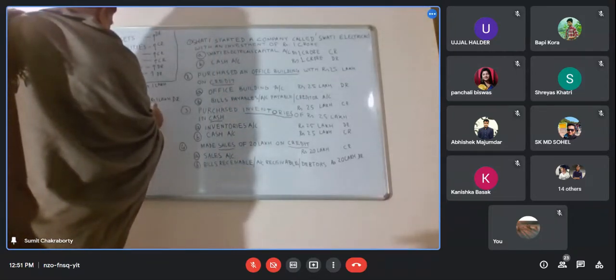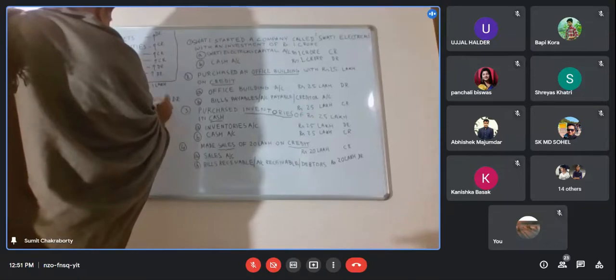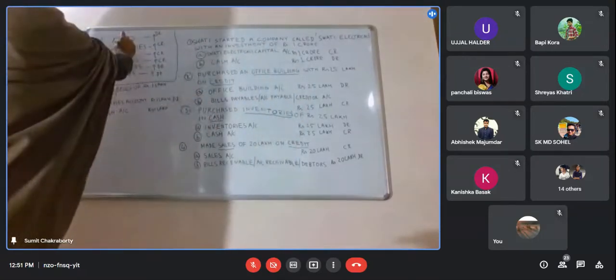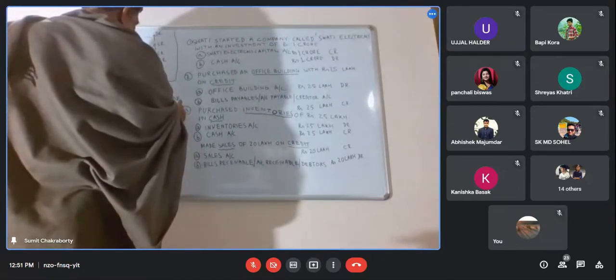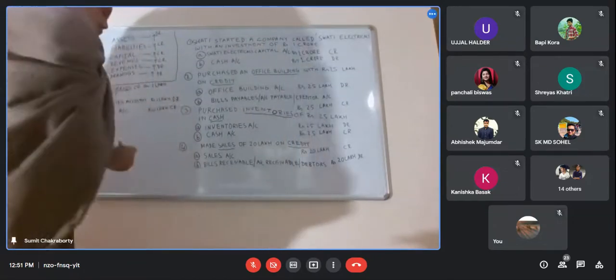Rupees 1 lakh. Cash account reduces, cash belongs to assets. Reduces means credit. Done.